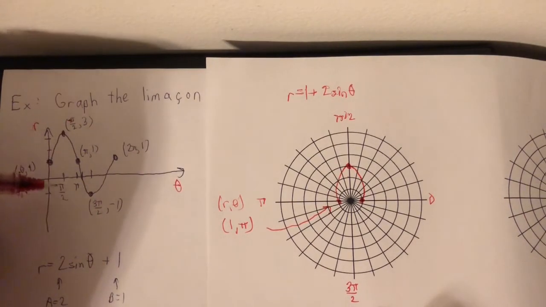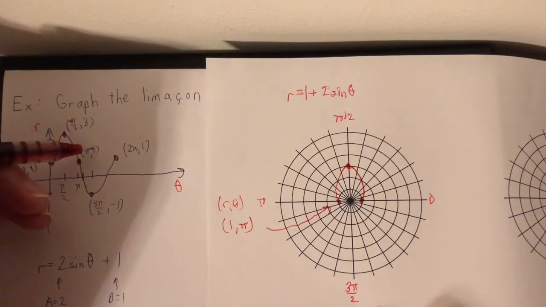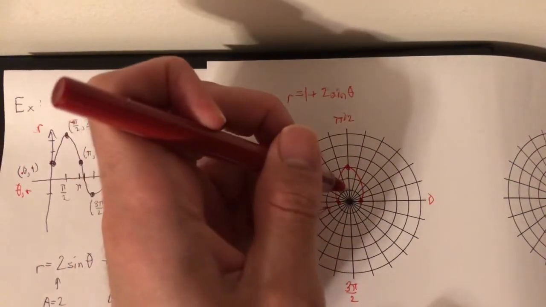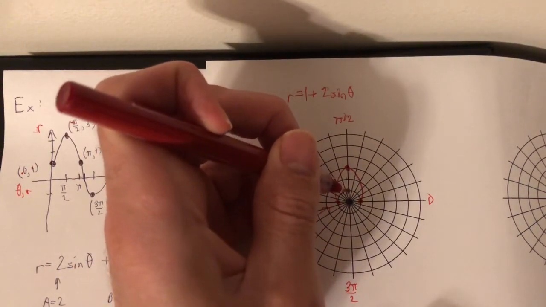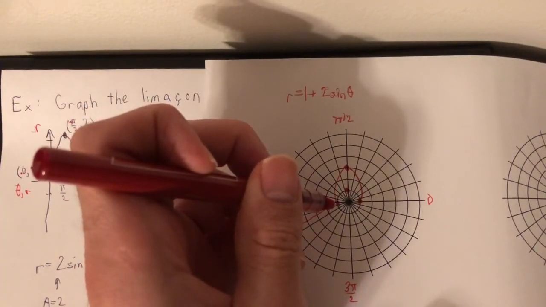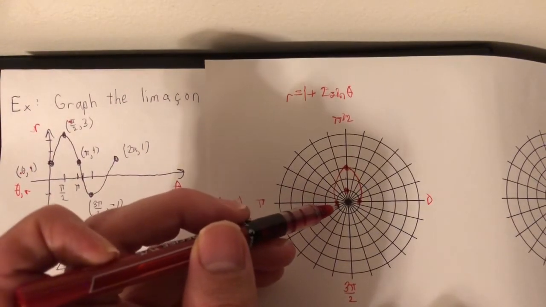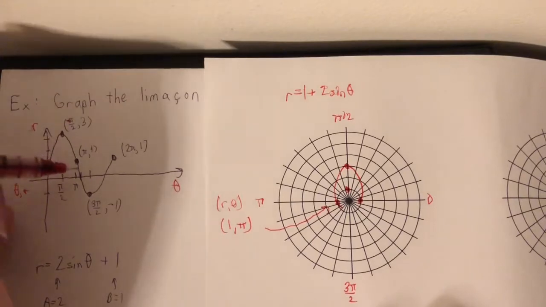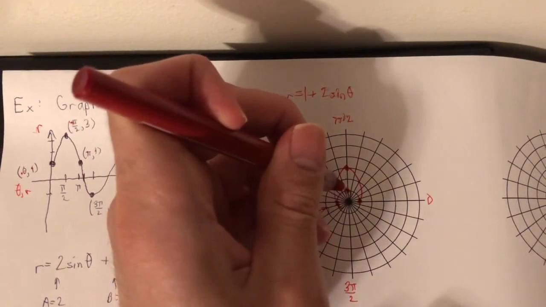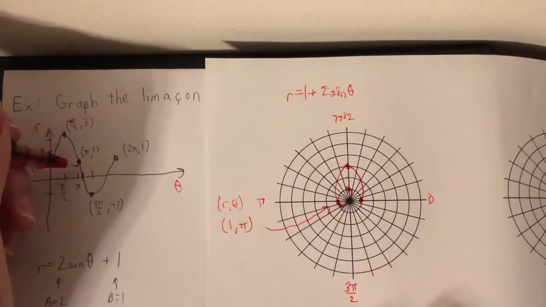Now here's where things get a little bit interesting. In the third quadrant, my r is going to decrease from 1 to -1. So by the time I get to 3 pi over 2, I'm going to be going in the negative direction. So what's going to happen is at a certain point, notice I'm positive for a while. At a certain point, I'm actually going to cross over into negative territory. So for a while, I'm in the third quadrant.